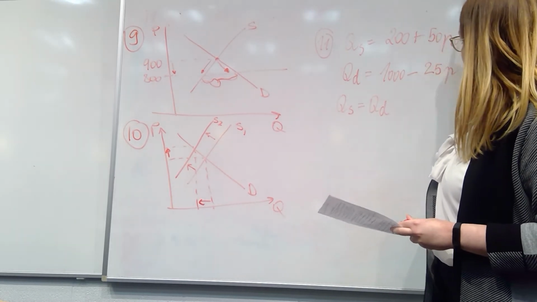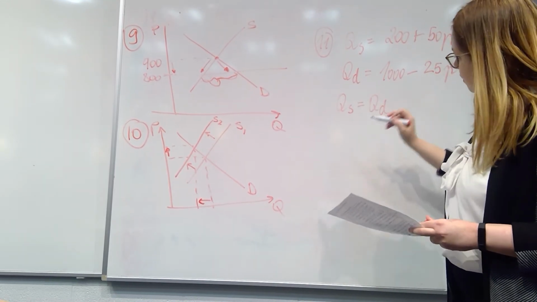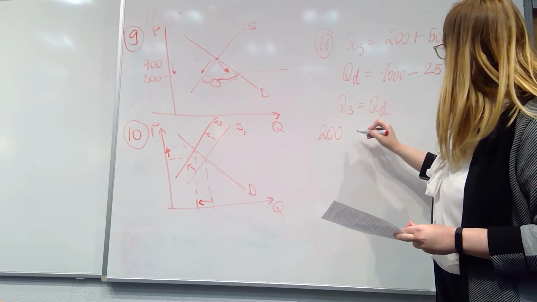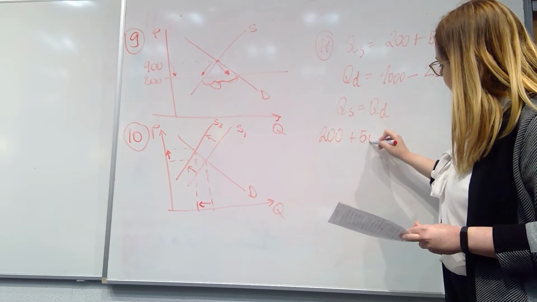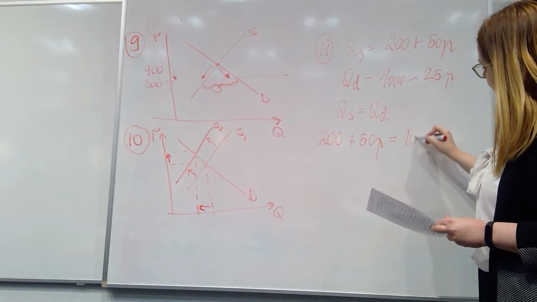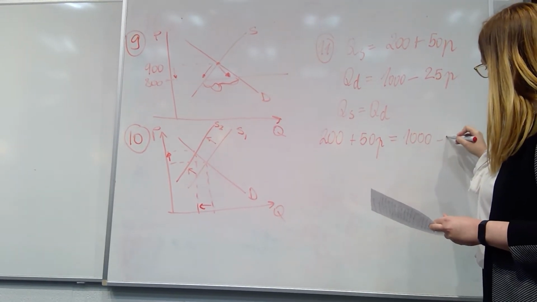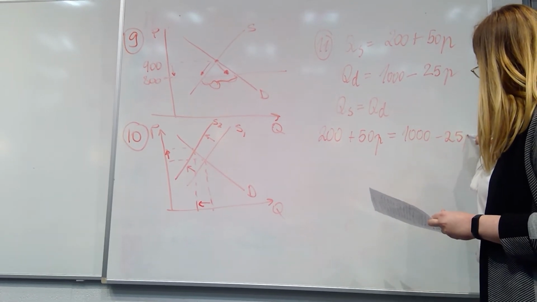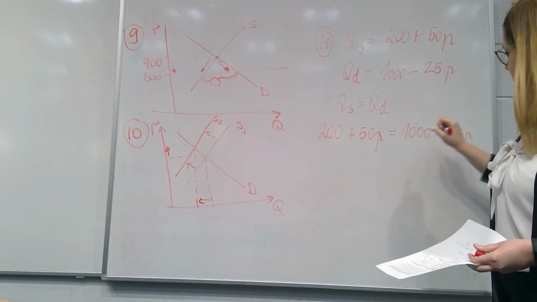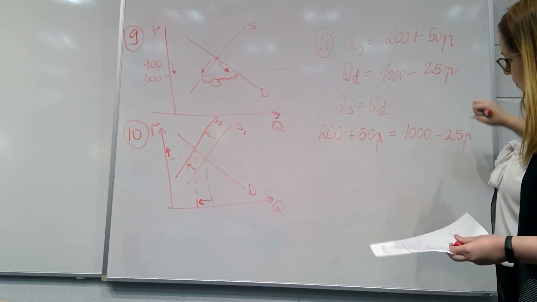So we are just going to plug these expressions into our quantity supplied equal to quantity demanded. So we have 200 plus 50p, which is our quantity supplied, is equal to 1000 minus 25p, which is our quantity demanded.